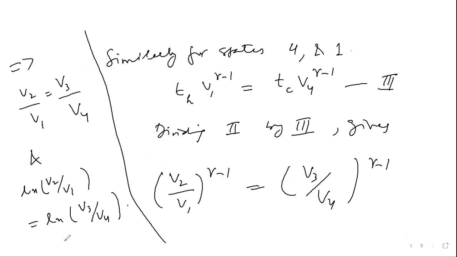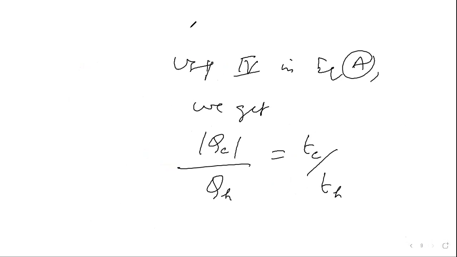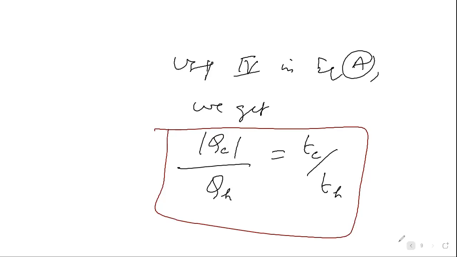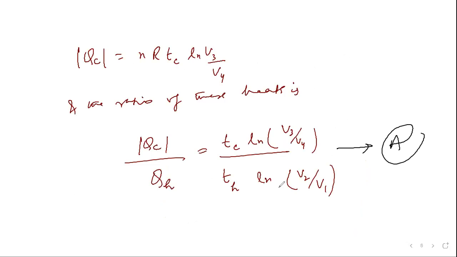Let me name this 4. So using 4 in equation A, we get QC by QH is equal to TC by TH. This was my A, this was my 4, the log terms cancel out, so I get this.